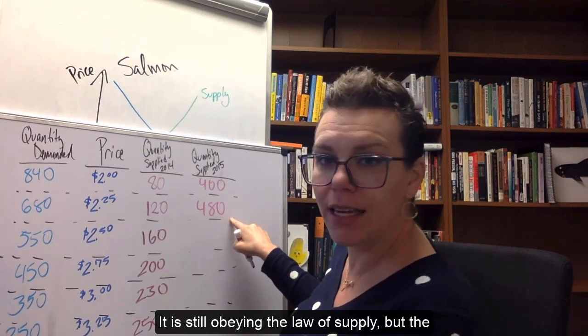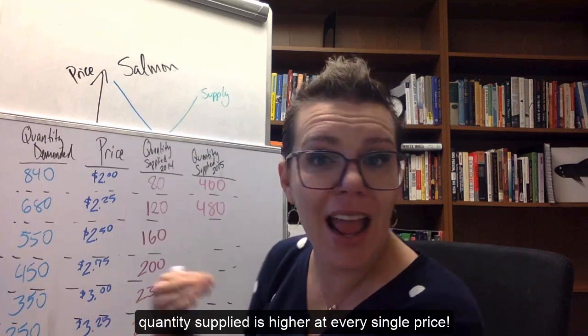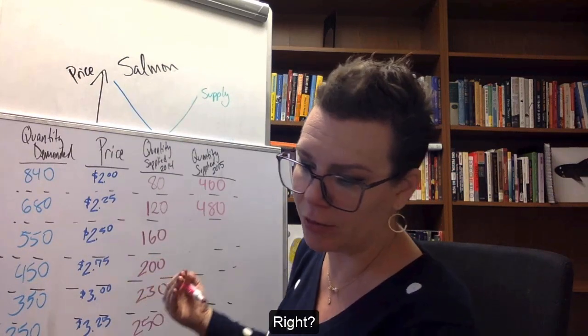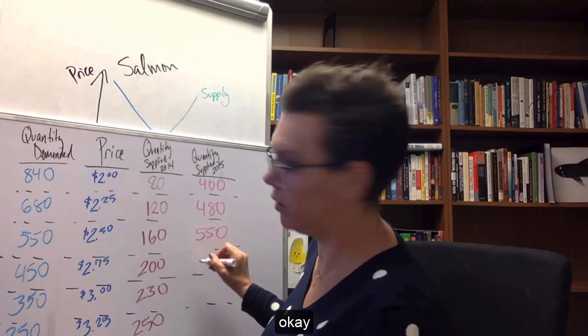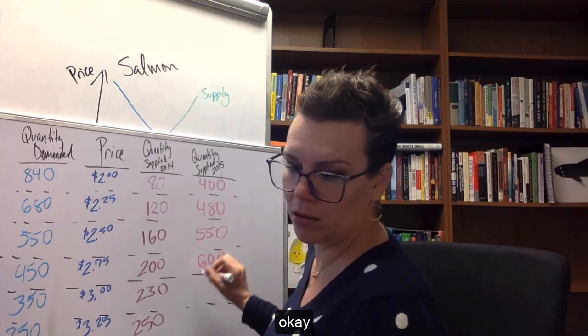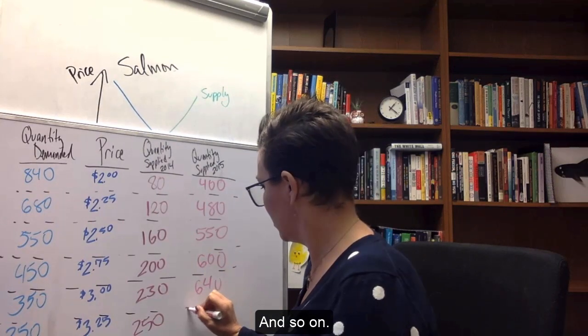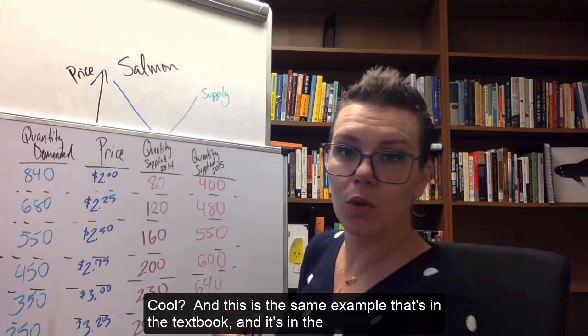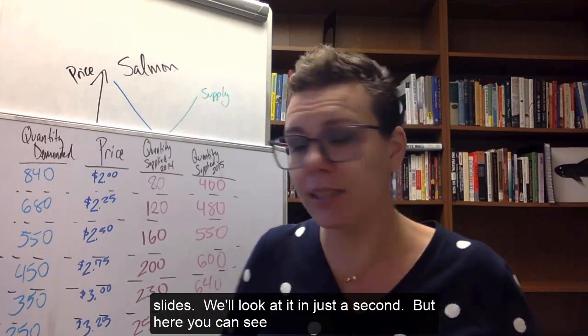It's still obeying the law of supply, but the quantity supplied is higher at every single price, right? Cool? And this is the same example that's in the textbook and it's in the slides. We'll look at it in just a second.